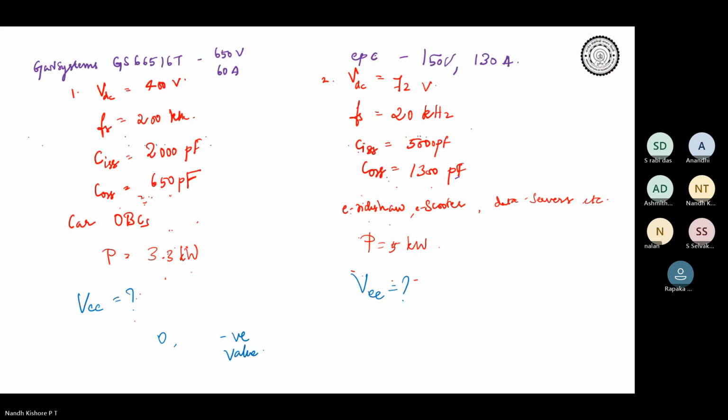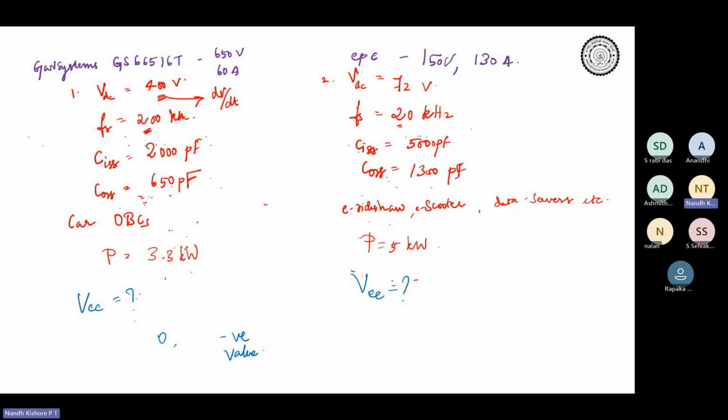See, for the first case, your frequency is really high, so you'll be doing fast turn on and turn off. So what might happen is, because you have a high voltage over here, that is 400 volts, there can be dV/dt issues.